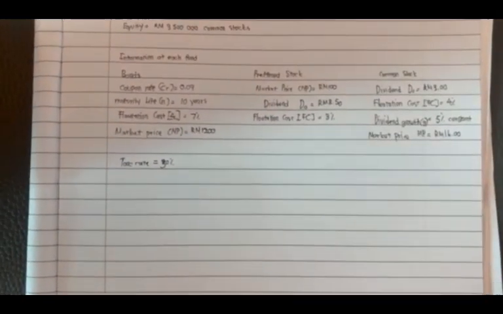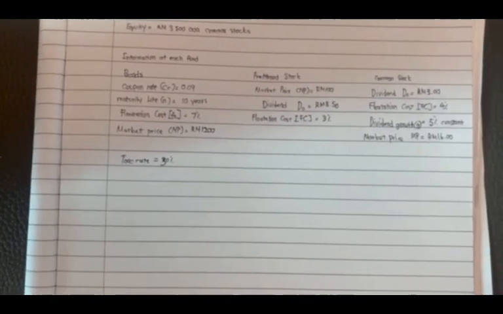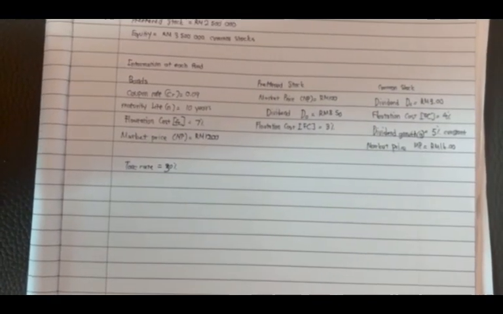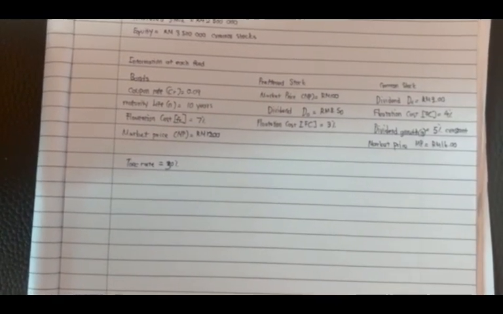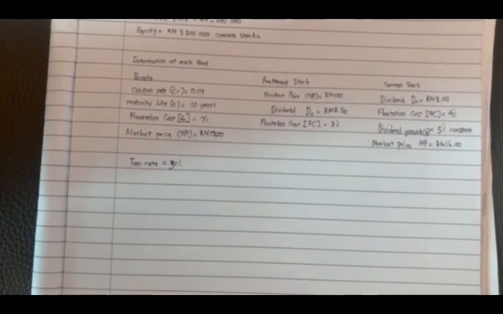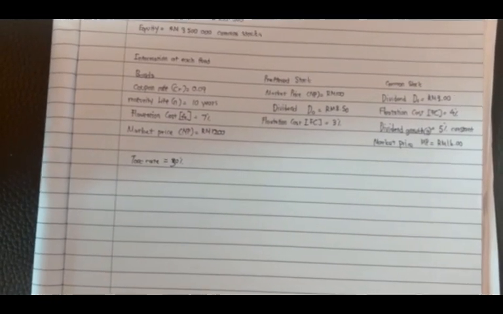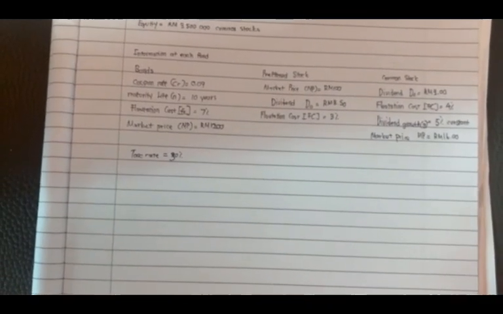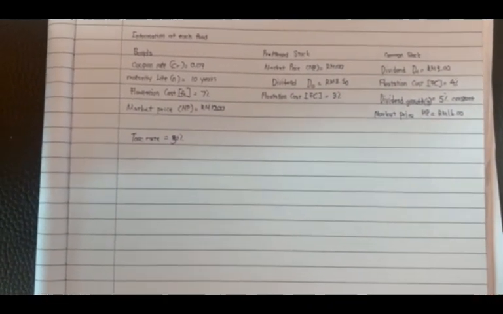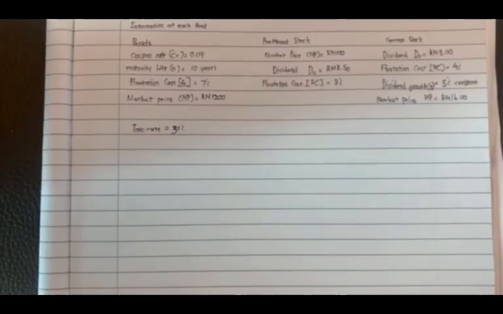What we need to find based on the question is: 1, the WACC, the weighted average cost of capital; 2, the weighted average flotation cost; 3, the true cost of funds needed. So we need to find the missing pieces of information.